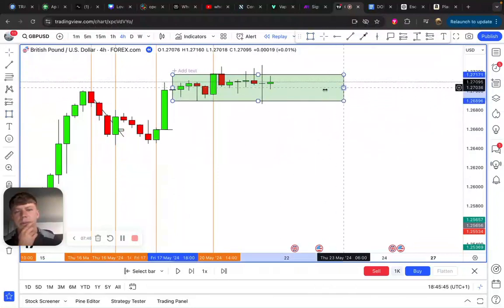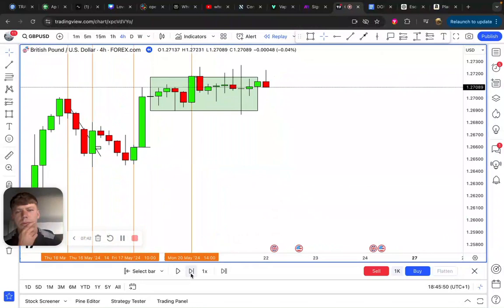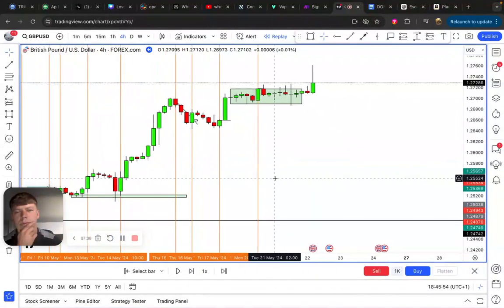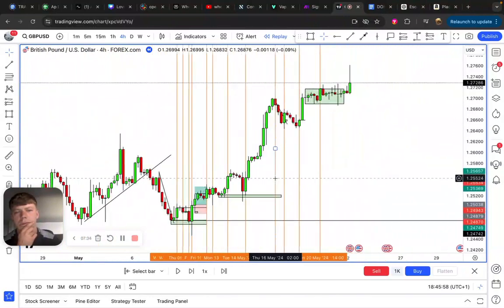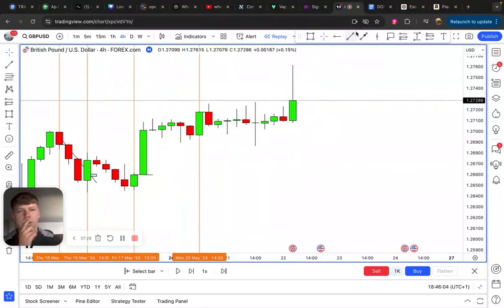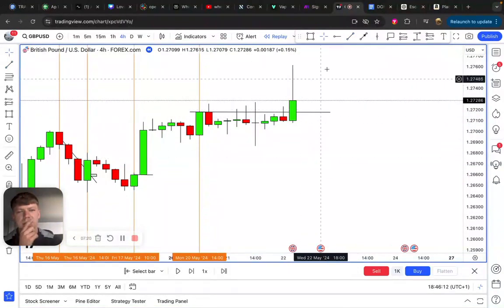Just terrible. Alright. Broken out of structure. As you can see here, we've had a close finally up and above this area. How long we've got left? 7 minutes on the clock.